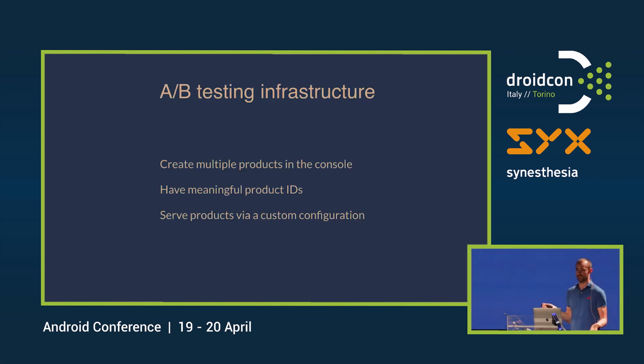It's a testing infrastructure in and of itself. And the way it works is as follows. We decided to create the same products in both consoles, the Play Store one and the App Store one, same identical products. These products use the same identical product ID, but the product ID is very special because the way it's written is semantically meaningful.